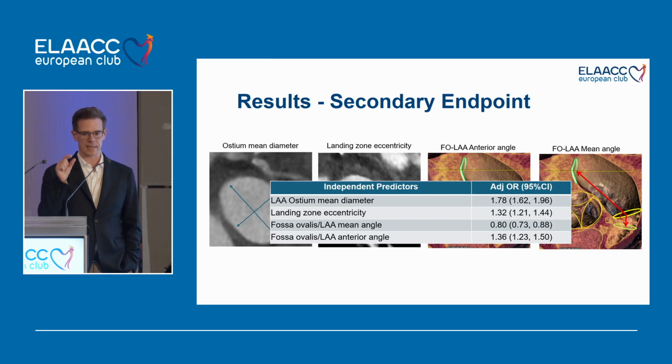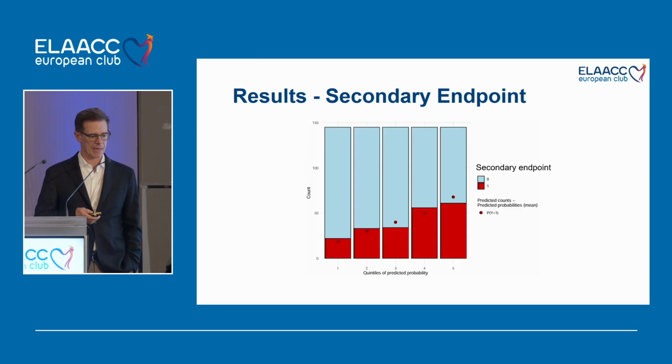And we also did the same exercise for the secondary endpoint that does not take into consideration the implant depth. And for that one, the following 4 variables were independent significant predictors of the secondary endpoint: LA osteo mean diameter, landing zone eccentricity, and the angle between fossa ovalis, the mean angle, and the anterior LAA angle.